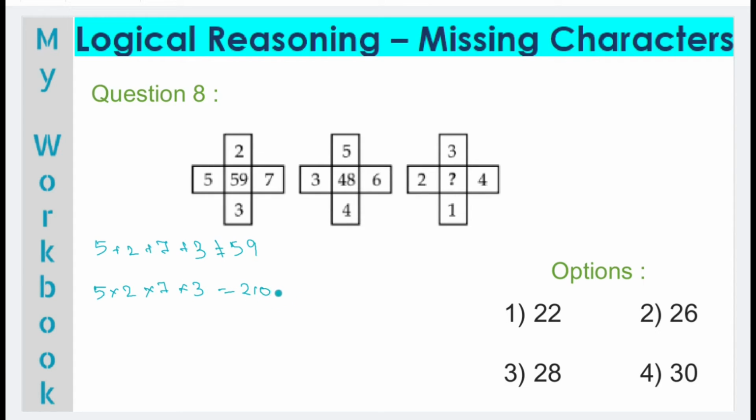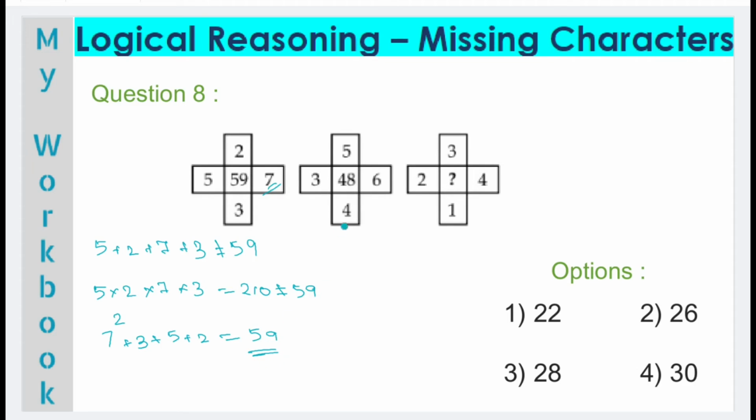So this again is not equal to 59. 7 square is 49 and we have a 59 here. So let's try squaring one number and adding the remaining elements, plus 3 plus 5 plus 2. Yes, 7 square is 49 plus 3 plus 5 plus 2 will give us 59.